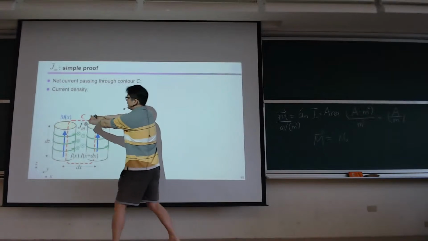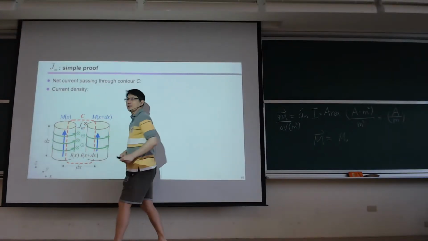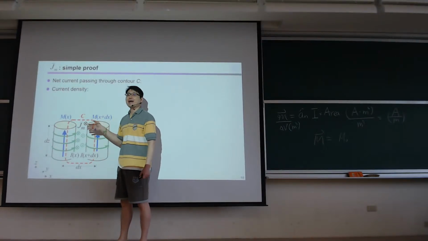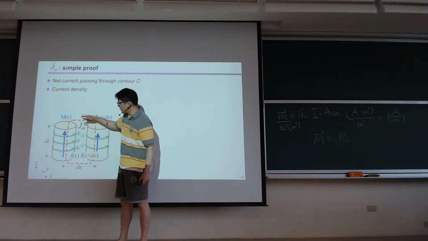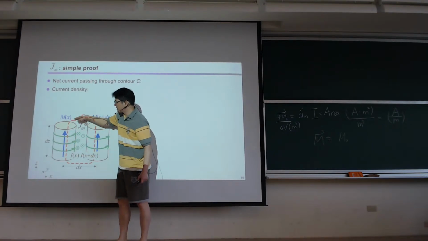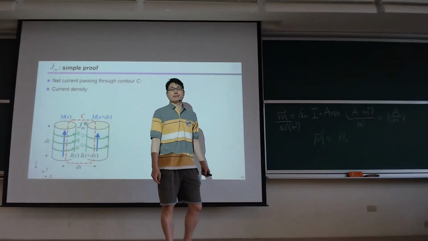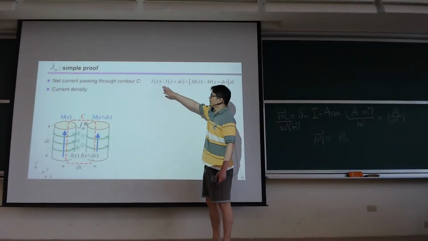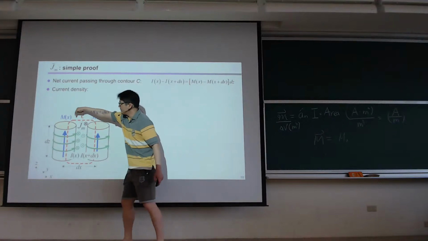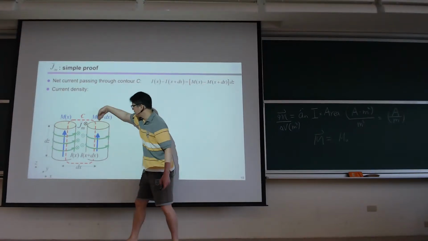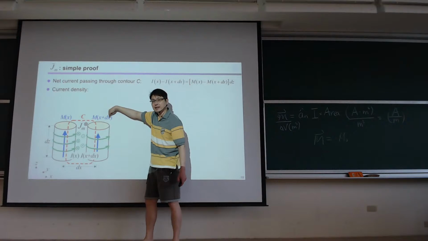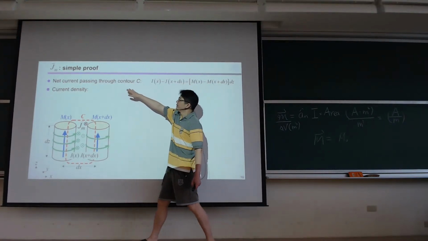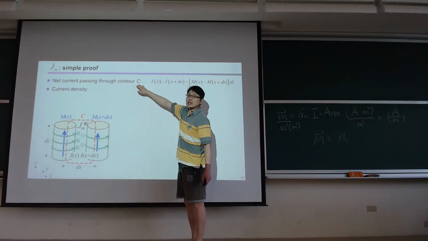Now we form a closed loop, a surface, and we ask ourselves, what is the net current penetrating this closed surface area C? Well, I define this location as x, and this is x plus dx. I want to know the net current passing through this contour.